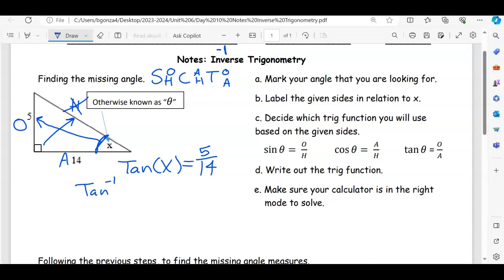Now, tan inverse, go ahead and write of tan x. And then on the other side, you're going to also put tan inverse and then the fraction.